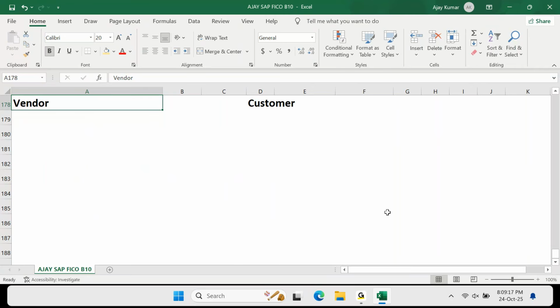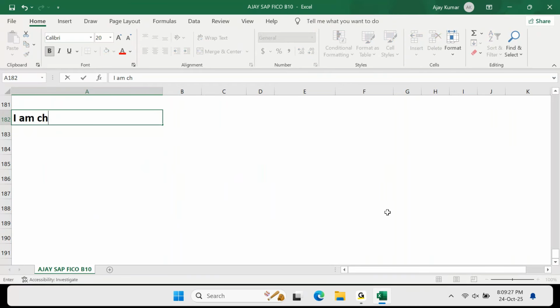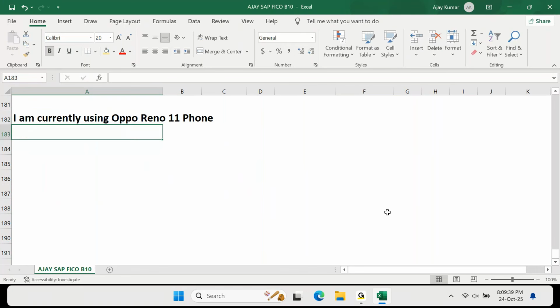You take a simple example. I am currently using an Oppo Reno 11 phone. Possible? Example, I'm not using Oppo, I'm just telling.